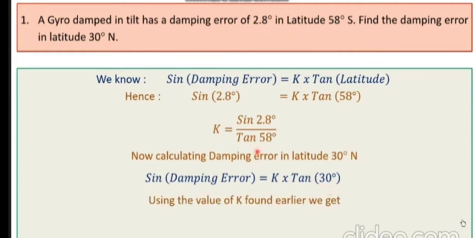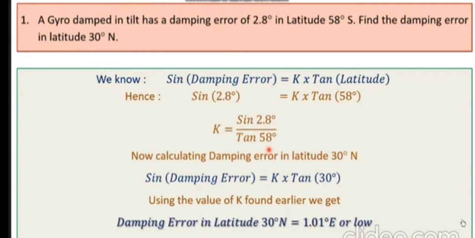Using the value of K as sine of 2.8 degrees divided by tangent of 58 degrees, you put it in the calculator, you will get the damping error in latitude 30 degree north as 1.01 degrees east or low.